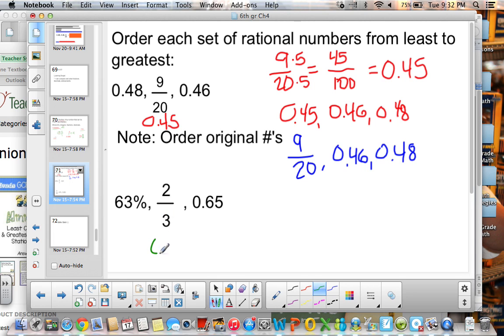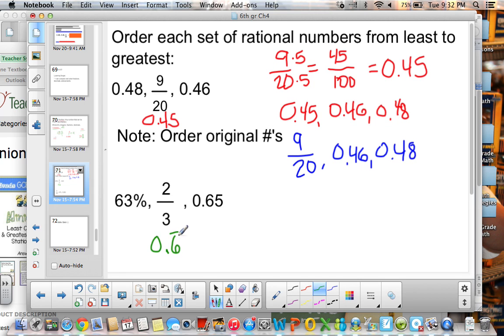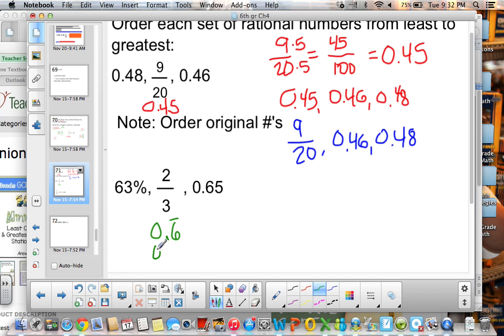2/3 we know is 0.6666666, or 6 repeating. If I write that again, 0.6666 and on and on. To change to a percent, remember, we move the decimal over 2.